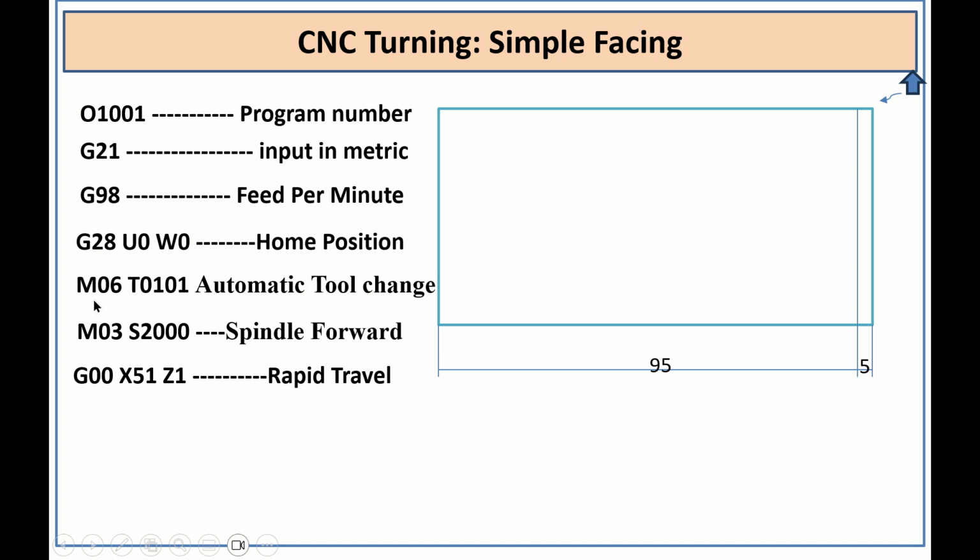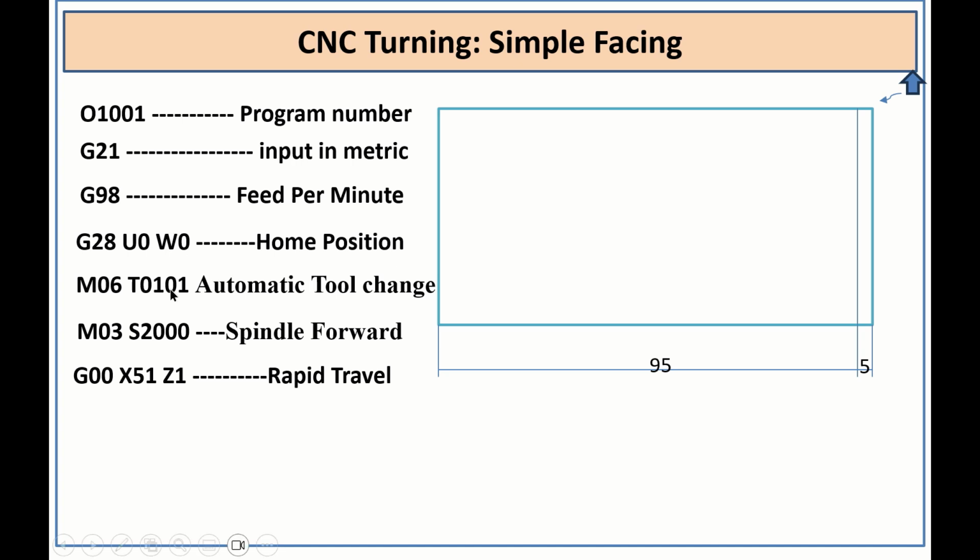Now there again M06 is the automatic tool change code and the automatic tool is T0101. Now at home position I can change any tool which I require.